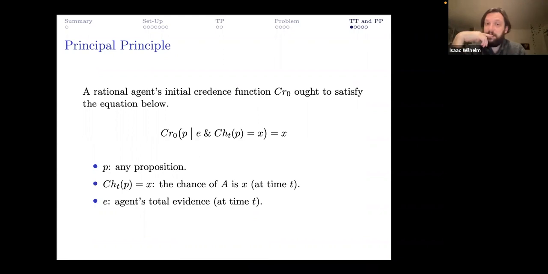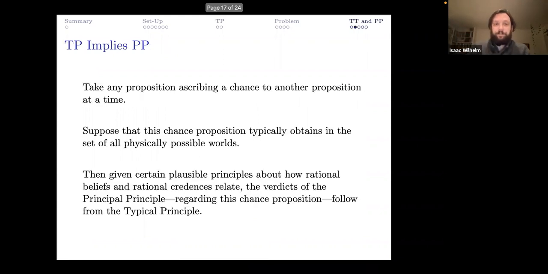That's basically what it says. Here's how the typical principle implies a big chunk of that. Take any proposition that ascribes a chance to another proposition at a time. And suppose that this chance proposition typically obtains in the set of all physically possible worlds. And indeed, this is the case in the sorts of scientific theories that we're interested in here.